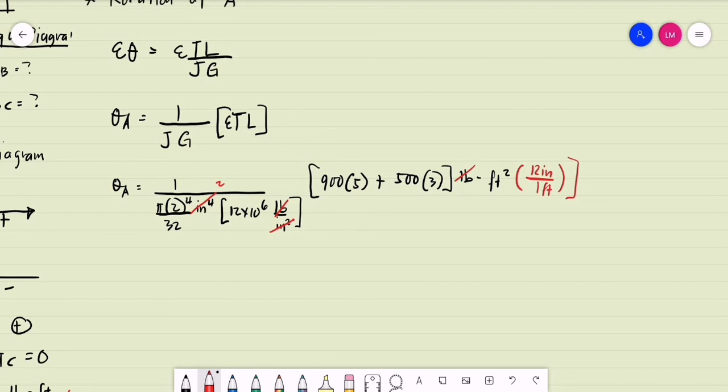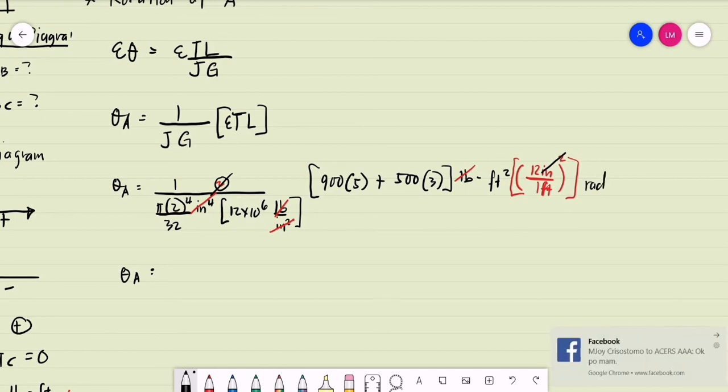Since this is a feet squared, we are to square, raised to 2 for this term. So let us now determine the equivalent of the angle of twist for A. By the way, if this is already inches squared, we are now cancelling the remaining inches. That makes this unit in radian.